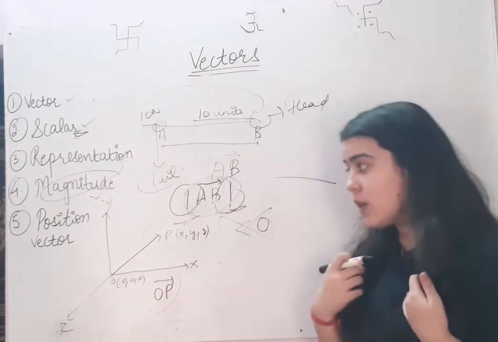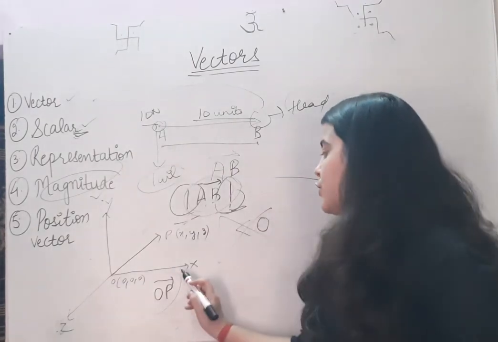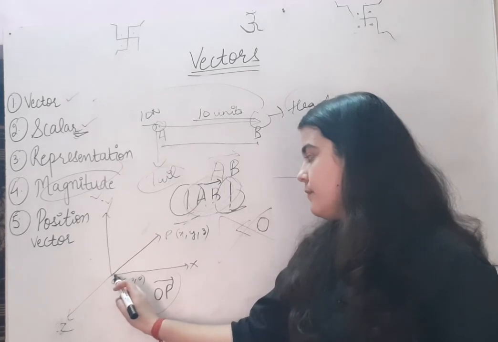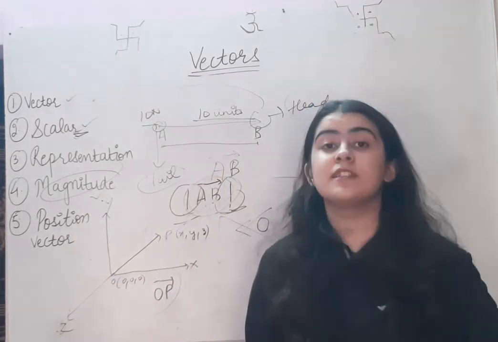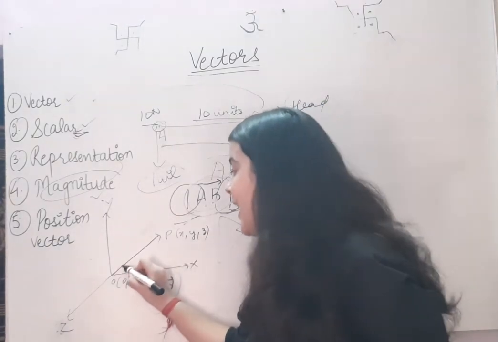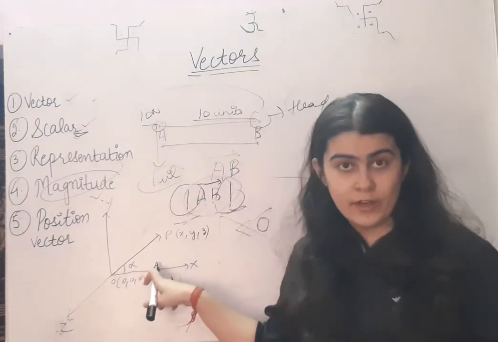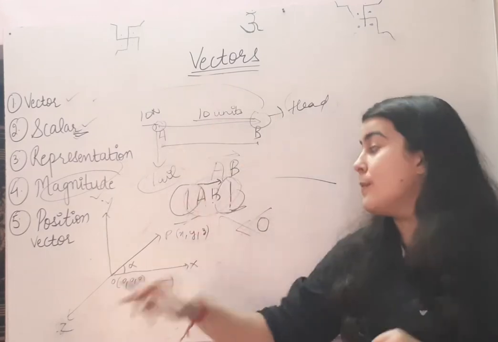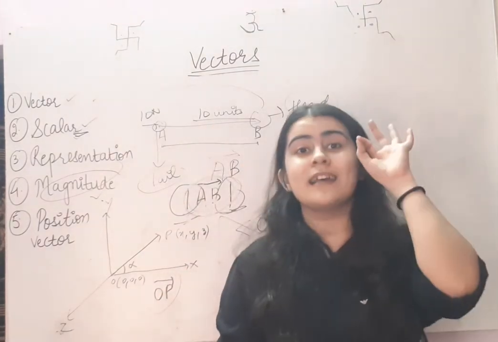Now comes the angles. The angle this position vector makes with the x-axis is known as alpha.